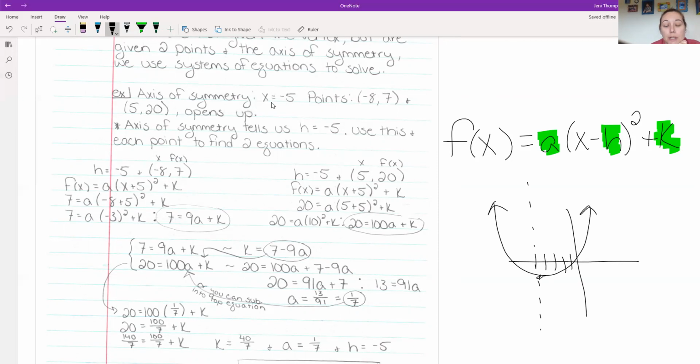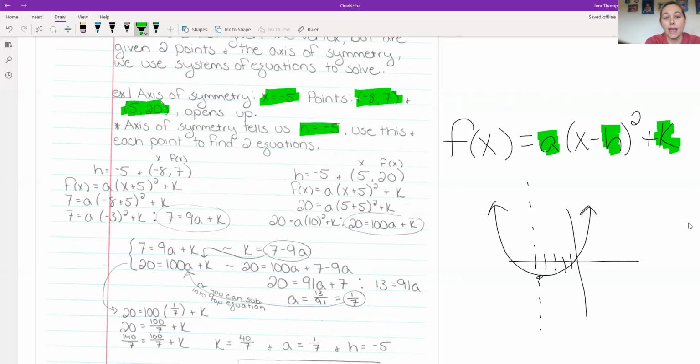So if our axis of symmetry was y equaled something, then we would have k. In this case, it's x equals something, which gives us the h. Okay, so we know h. So we're going to use that and our point here. Here's our point, and here's our axis of symmetry.